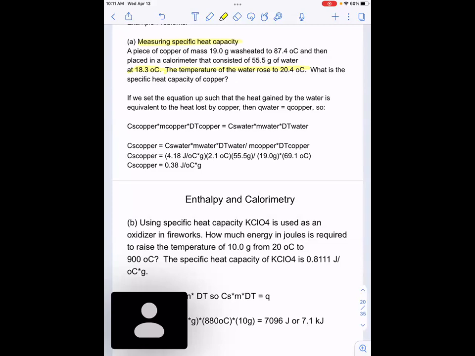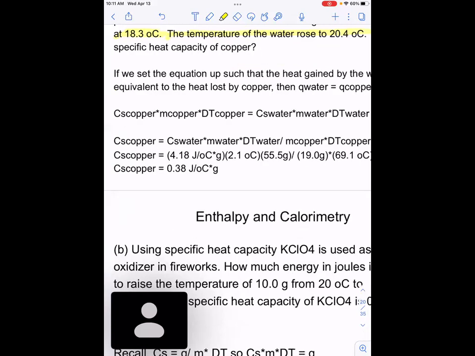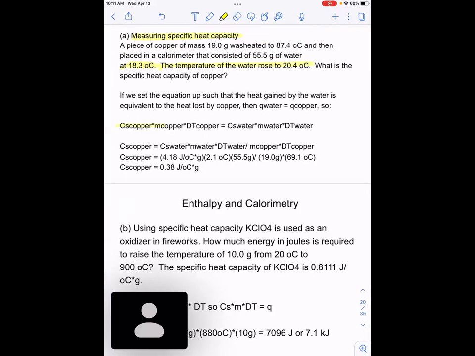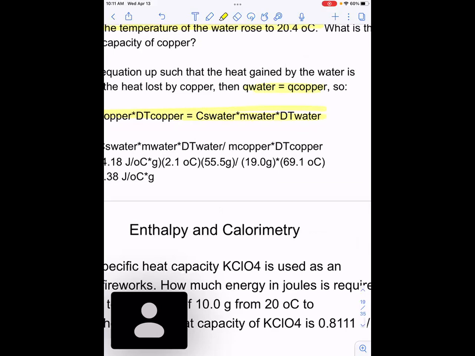And so here, we're going to say that these two have to be equivalent, because the heat that's gained by the water is the same as the heat that's lost by copper. So the Q value is going to be equal. Q water and Q copper are going to be the same because, again, this is two bodies transferring heat.